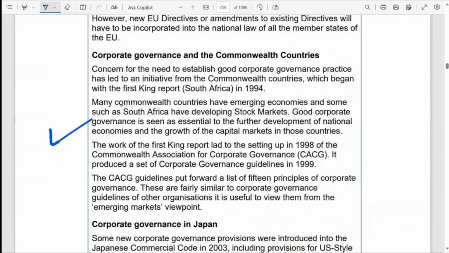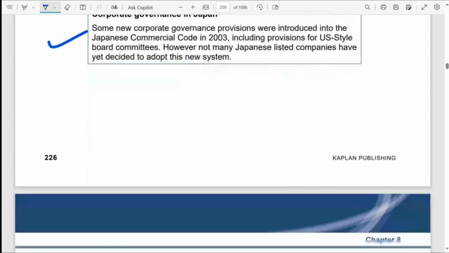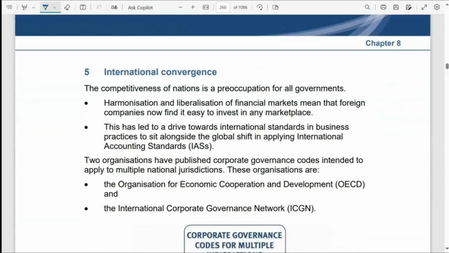Corporate governance in Commonwealth countries. Corporate governance in Japan. International convergence: the competitiveness of a nation is a preoccupation of all governments. Harmonization.